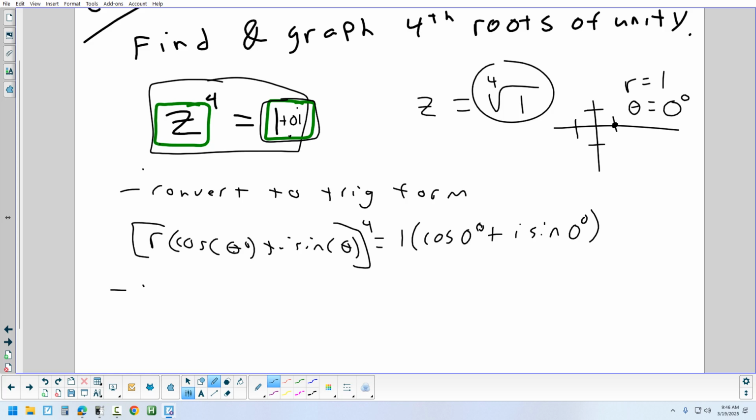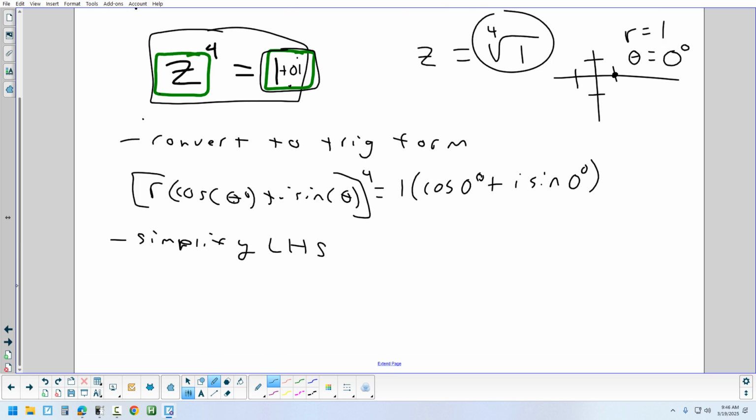Now, let's simplify the left-hand side. If we use de Moivre's theorem, what would the left-hand side turn into? Yep. R to the 4th times cosine of 4 theta plus i sine 4 theta.